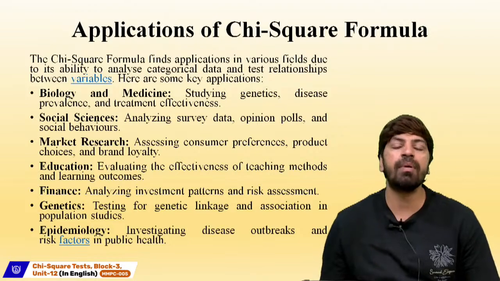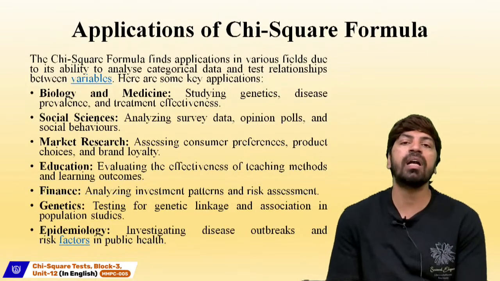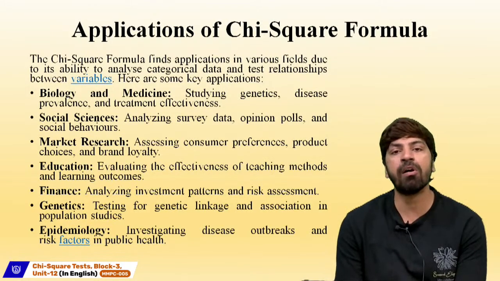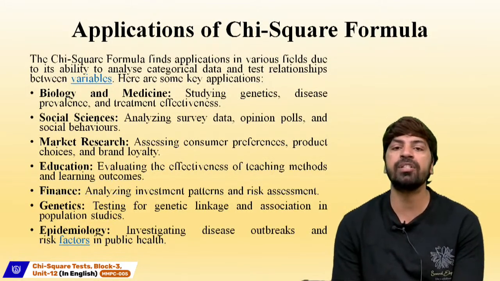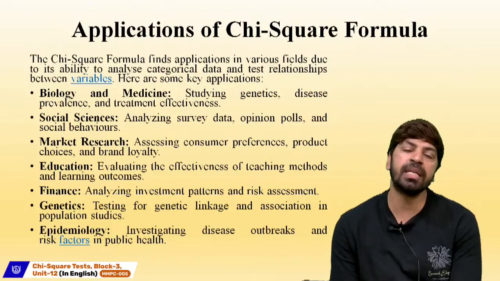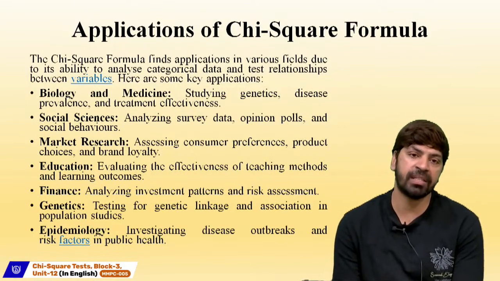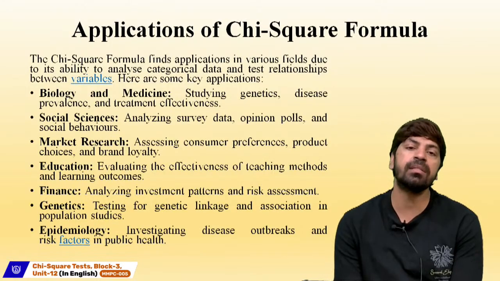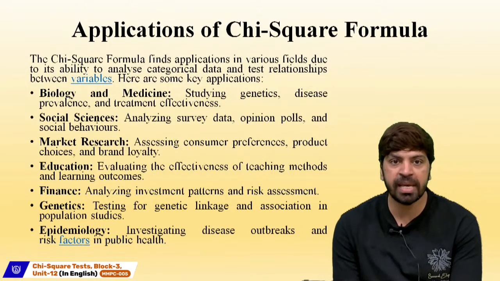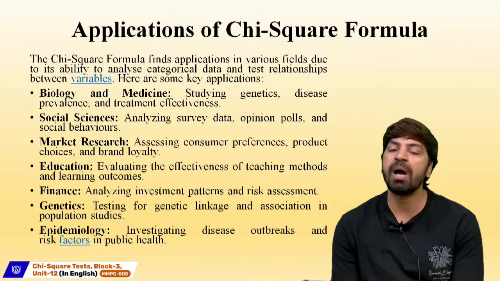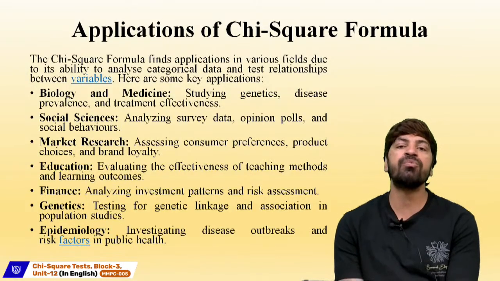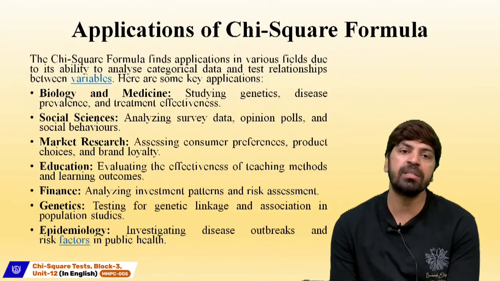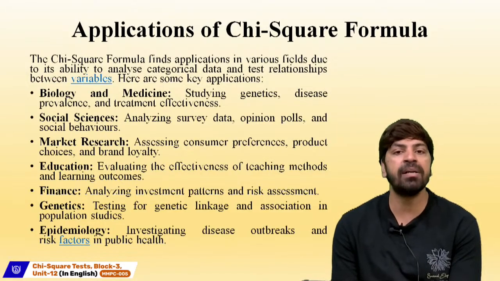So let's talk about the applications of the chi-square formula. It is mainly used in biology and medicine, studying genetics, disease prevalence, and treatment effectiveness. In social science, it aims to analyze survey data, opinion polls, and social behavior. In market research, it aims to assess consumers' preferences, product choices, and brand loyalty.